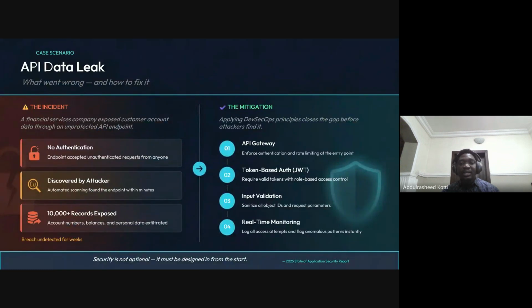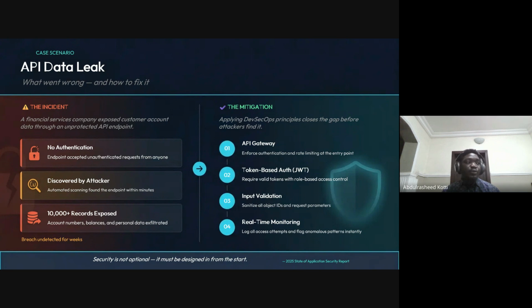So on the next slide, we will take a look at a real world issue, which is an API data leak. Now, what is an API? Like I had said, an API allows different systems to talk to one another. A mobile app may use an API to get user data.